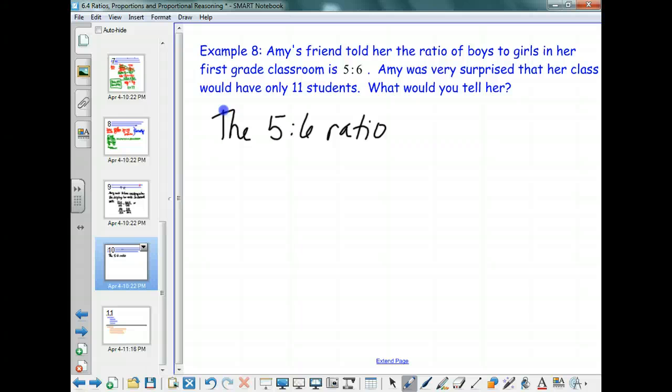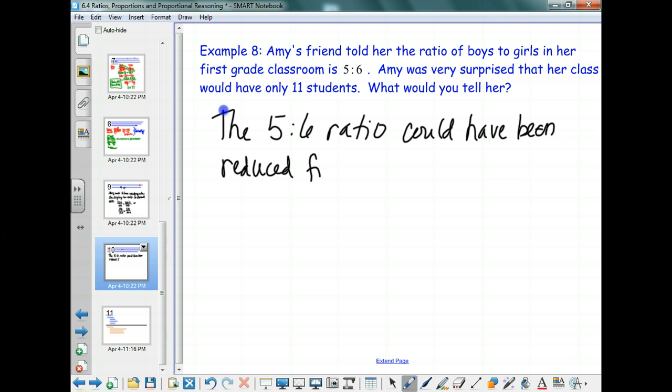Okay, so the 5 to 6 ratio could, let's say, have been reduced from the actual number of students.